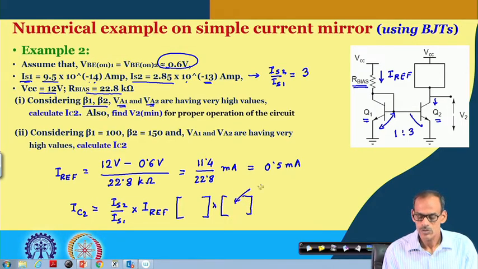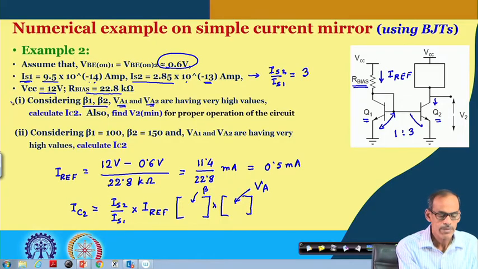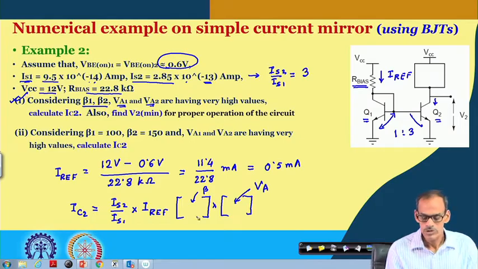One may be due to early voltage, another may be due to the base current loss or finite beta. For this part, both these non-ideality factors are equal to 1.